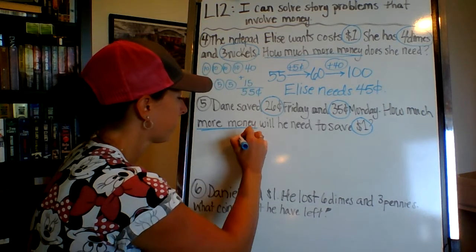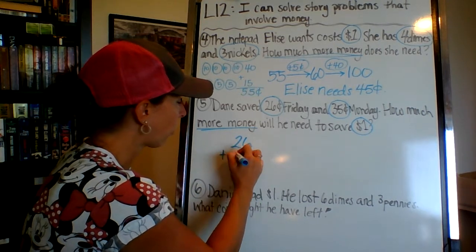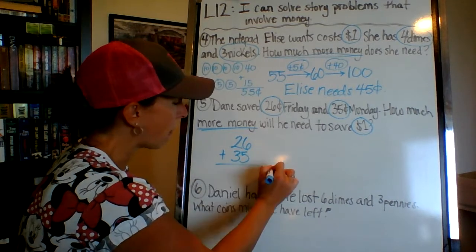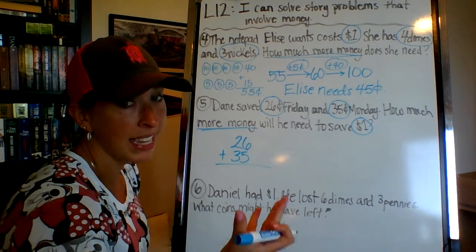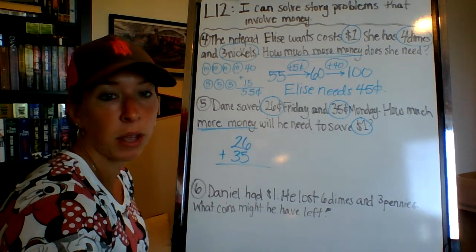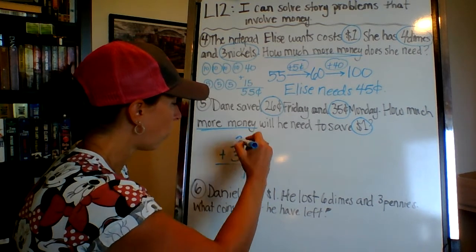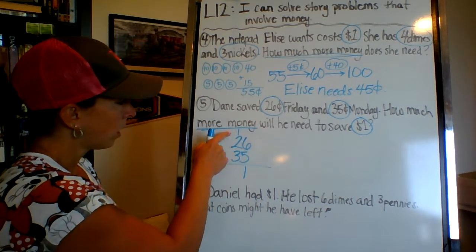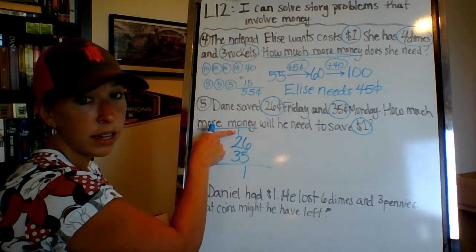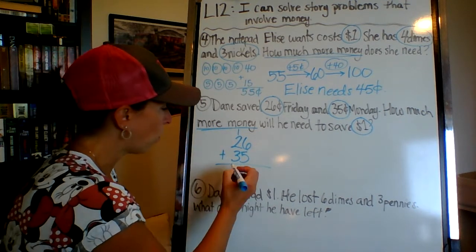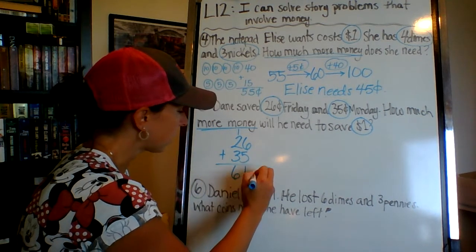How do we figure out what he saved on both those days? Add them together. Let's just go back to our normal vertical form. Remembering your regrouping, right? Add the ones together. 6 plus 5 is what? 11. 1 and regroup the 10. 2 plus 1 is 3. Plus 3 more is 6.